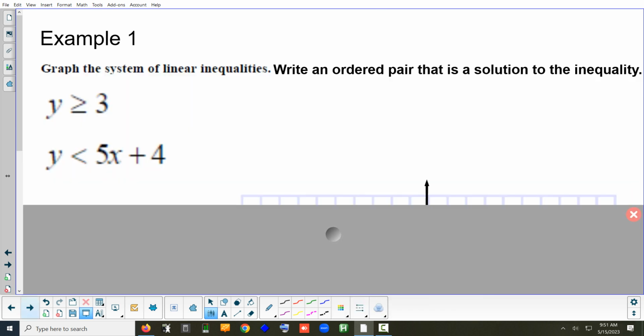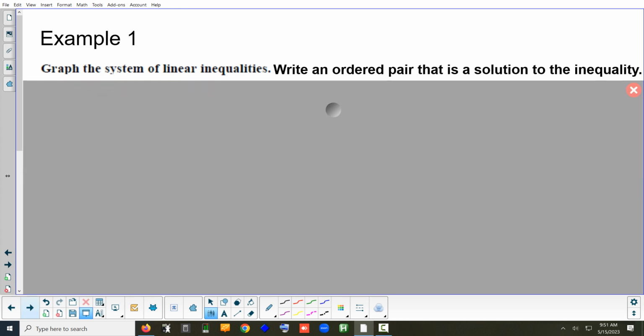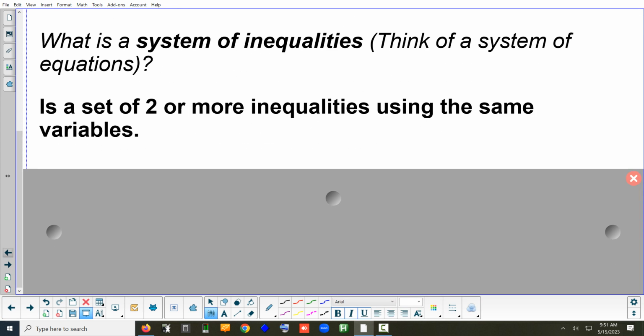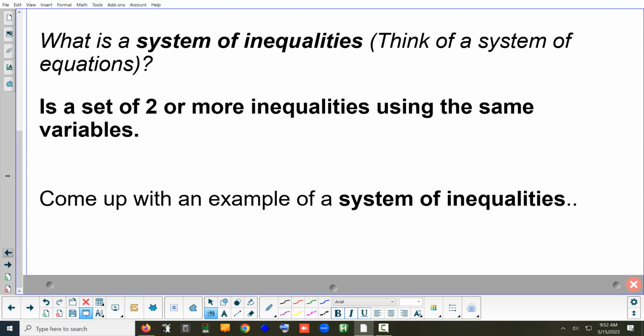So here is an example of a system of inequalities. We've got y is greater than or equal to 3, and y is less than 5x plus 4. That's a system. You've got to have at least 2 for it to be a system. All right, so let's see if we could just make up a system of inequalities.